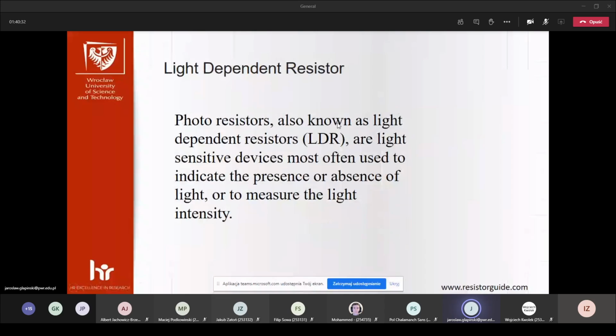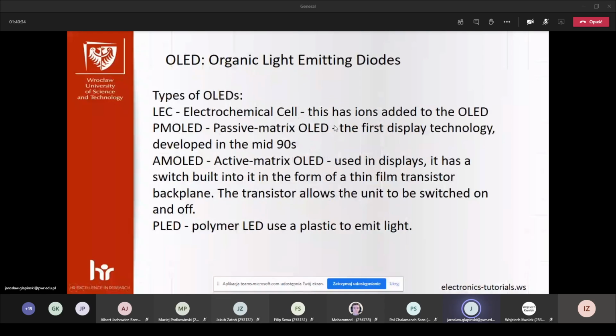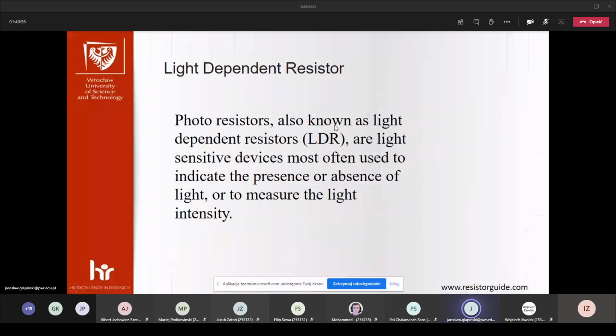Those were the elements that produce the light: we have lasers, bulbs, and light emitting diodes. Now I would like to move towards the elements that sense the light.